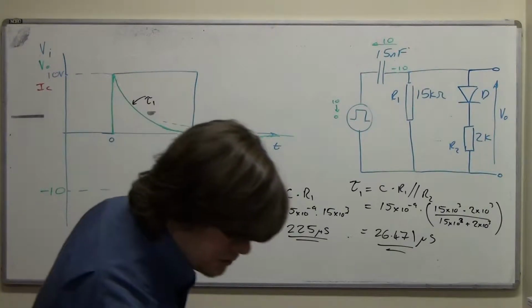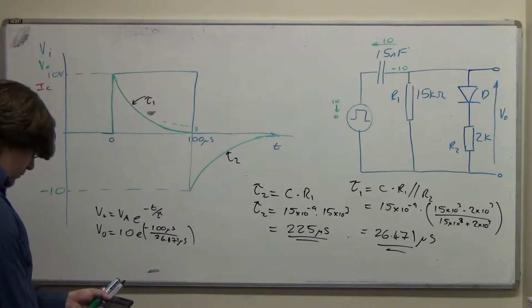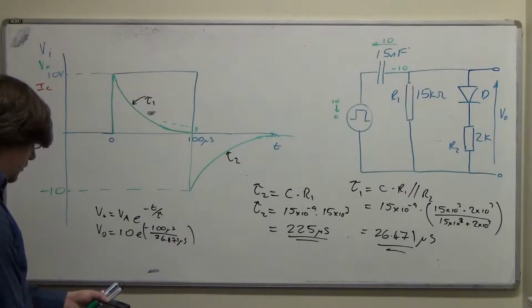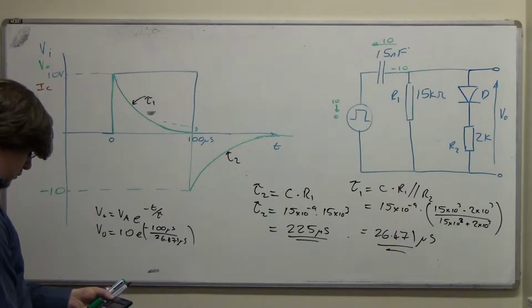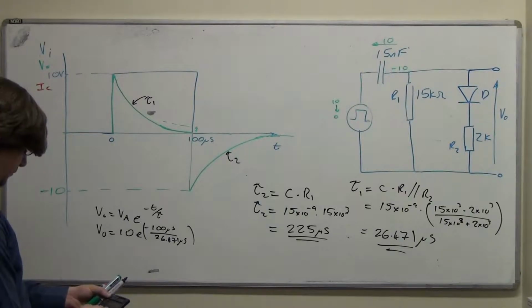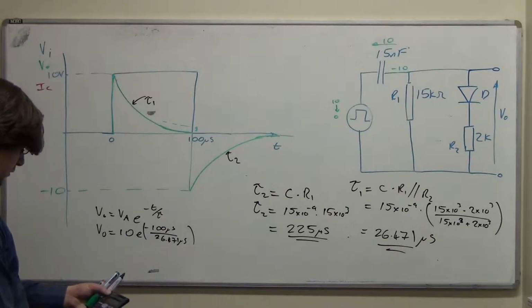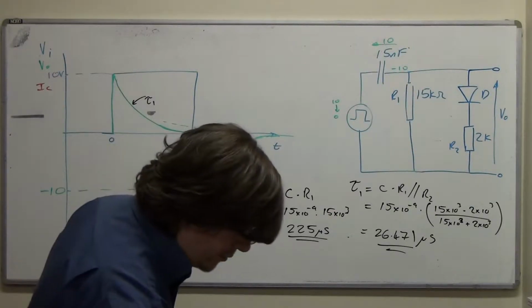And that would give us minus 100 divided by 26.471 is minus 3.77, so e raised to that is 0.022 times 10, so we get 0.228 volts.